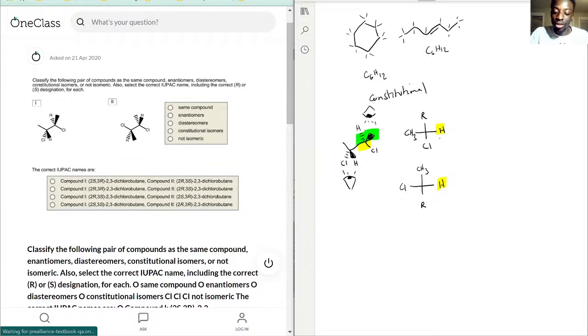I'm going to flip the hydrogen with the chlorine in this case, and the hydrogen with the R in that case, okay? So I get H is now here, chlorine is here, R, CH3, and I get here Cl, R, H, CH3. Now remember, this is the opposite.